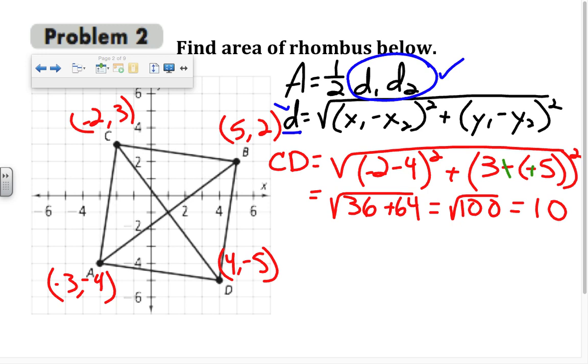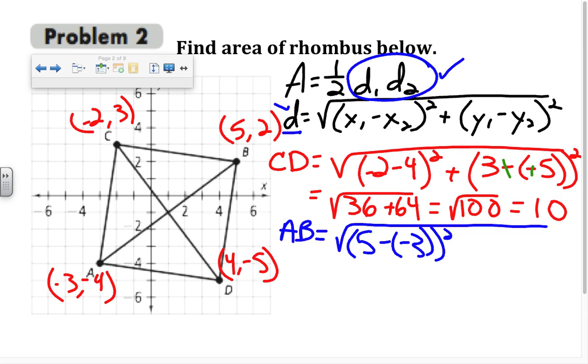It's the same process to find the length of AB. Square root, subtract my x's, squared plus subtract my y's, clean it up.